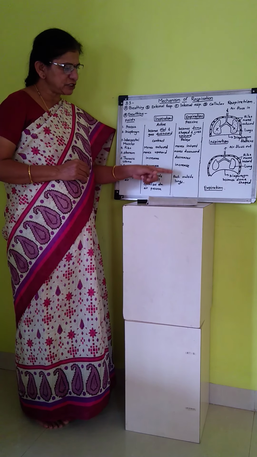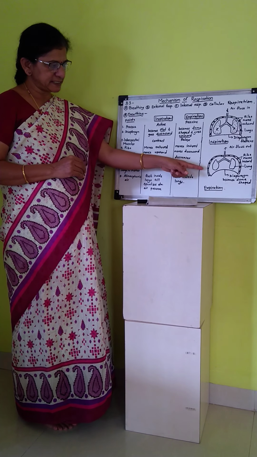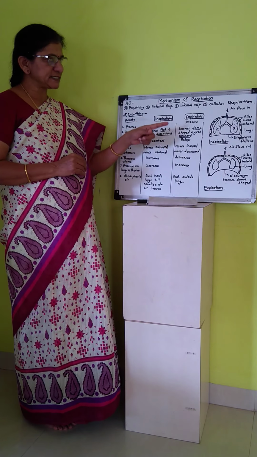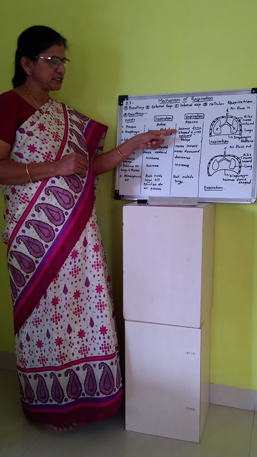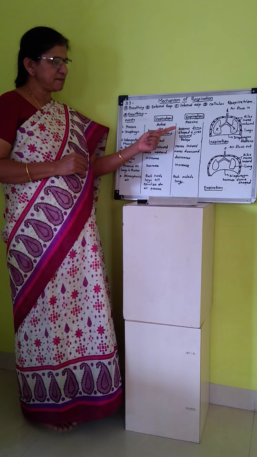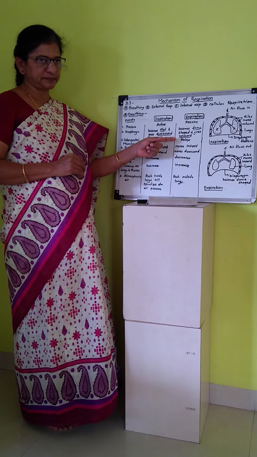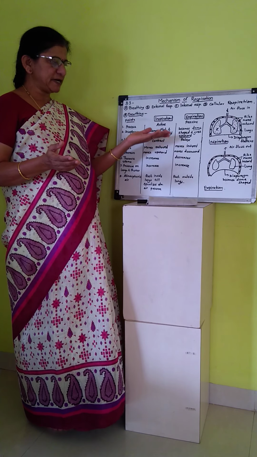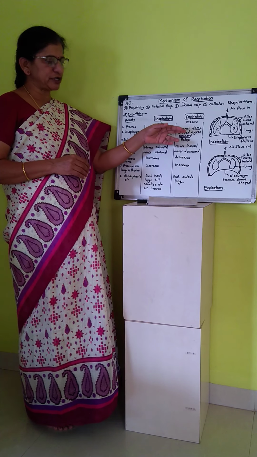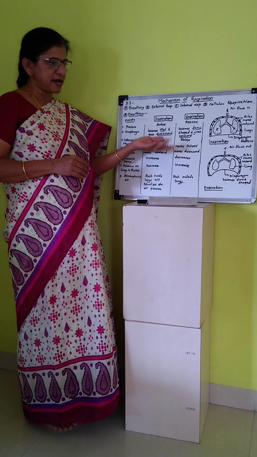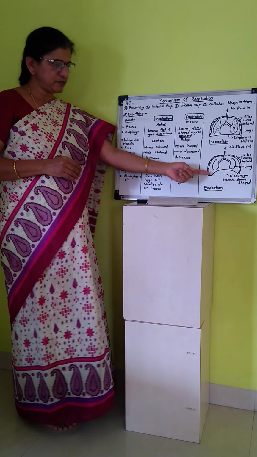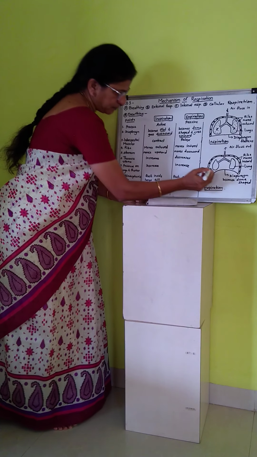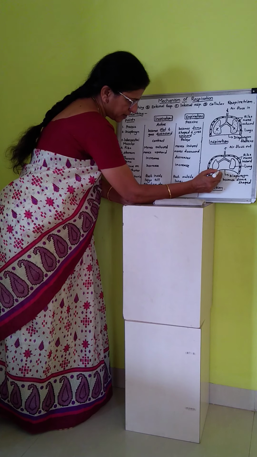Now during expiration, what happens, see in the second diagram, it is a passive process. During this passive process the diaphragm becomes dome shaped. It relaxes and goes into its original shape and goes upward in position. You can see here, the diaphragm goes in the upward direction.